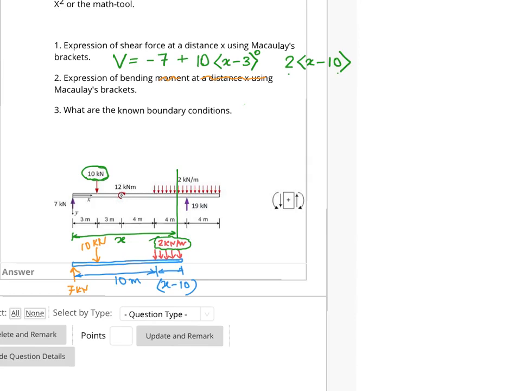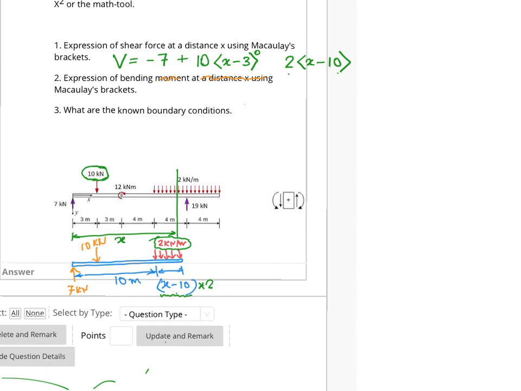So you need to multiply with the meters over which this 2 kilonewton per meter load is acting, x minus 10 meters. So you need to multiply that with 2 to get the total load that would be going towards the shear force.